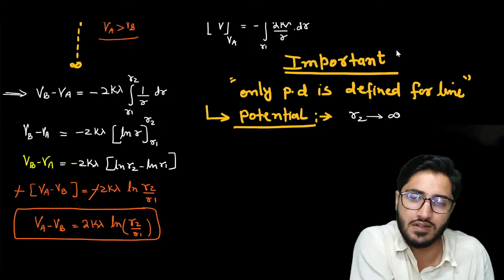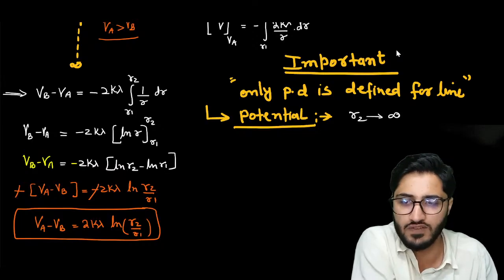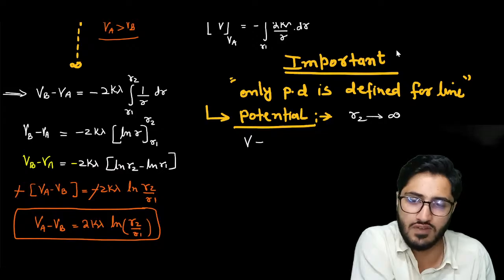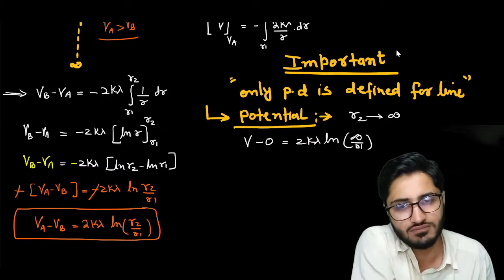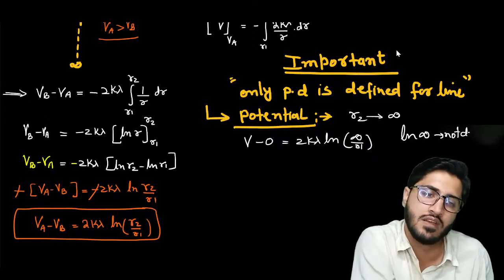So what is VA now? VA minus VB, where VA is V only and VB is 0 at infinity, equals 2k lambda ln of R2, which is infinite, by R1. So ln of infinity is not defined.